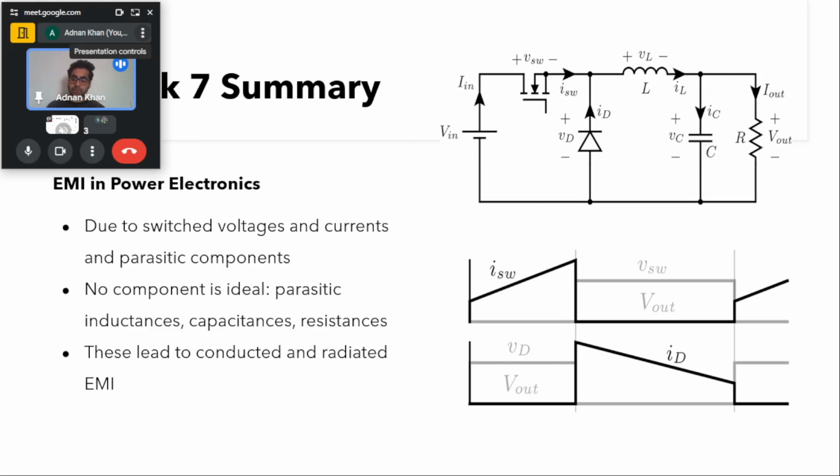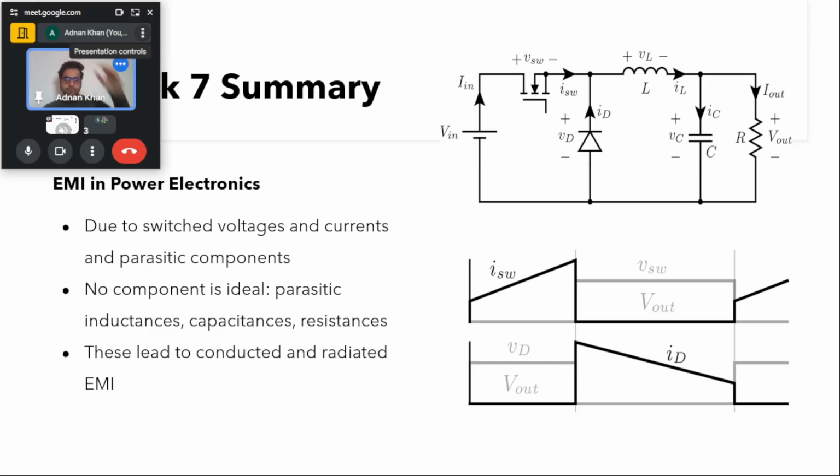Due to that there is a very high dV by dt and di by dt in that part of the converter, which results in this EMI, and which is then propagated through some connections to other parts of the converter and can affect their operation. To put it in a crude way, this EMI is some sort of noise which gets propagated to other components of the converter and hampers its operation.